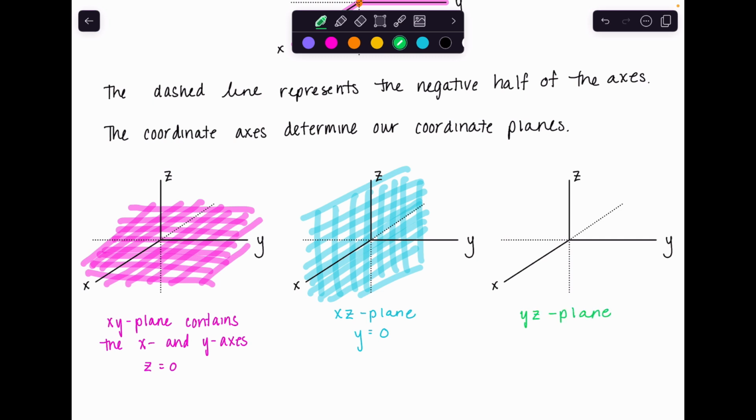And as you kind of can make an assumption, the XY plane Z is equal to 0, XZ, Y is equal to 0. The missing variable here is X, so we assume X is equal to 0 when we're on this plane. And this has to contain the Z and the Y axes.